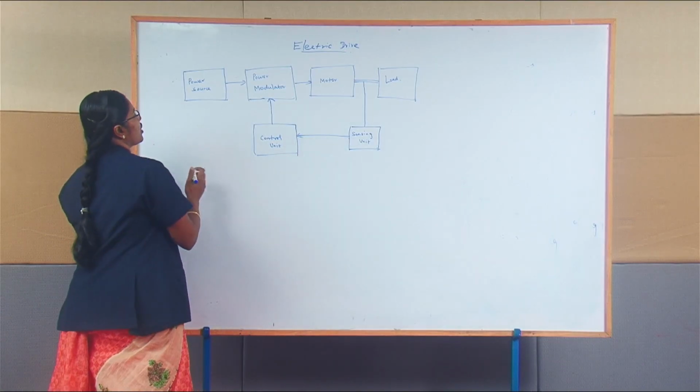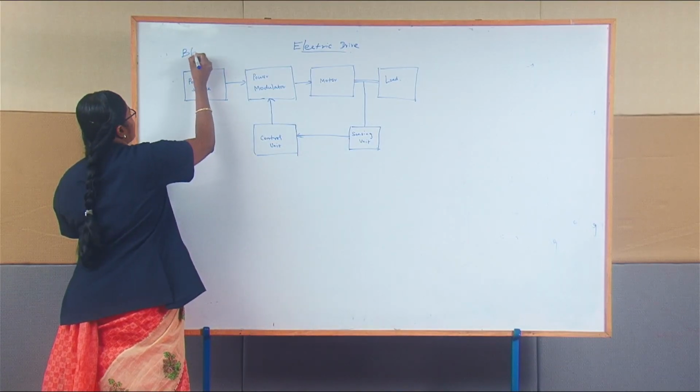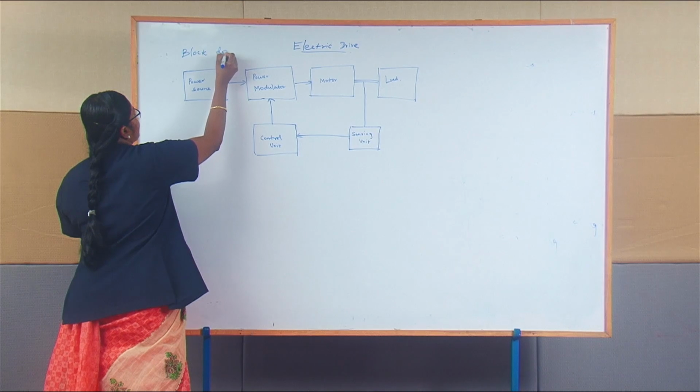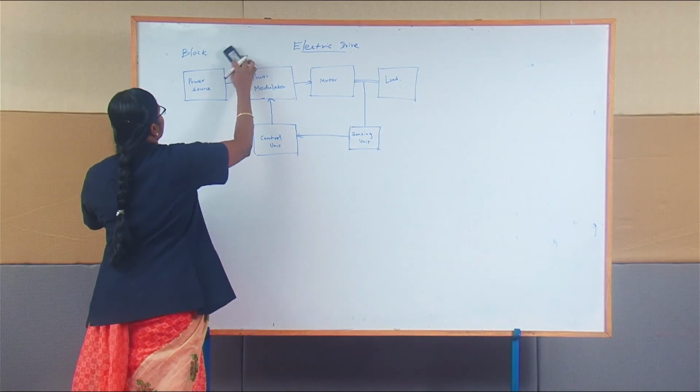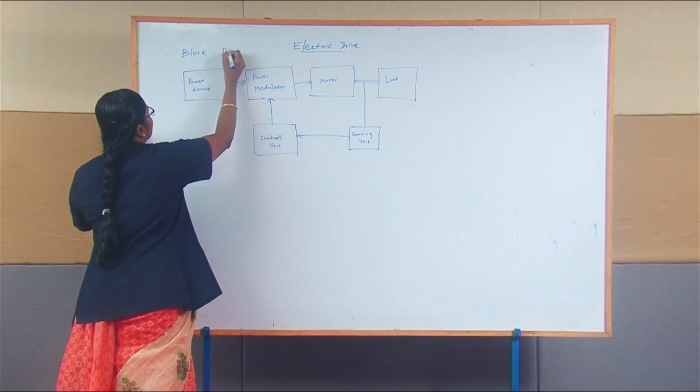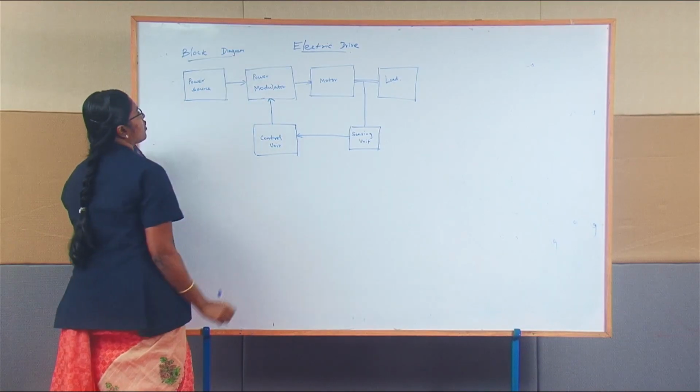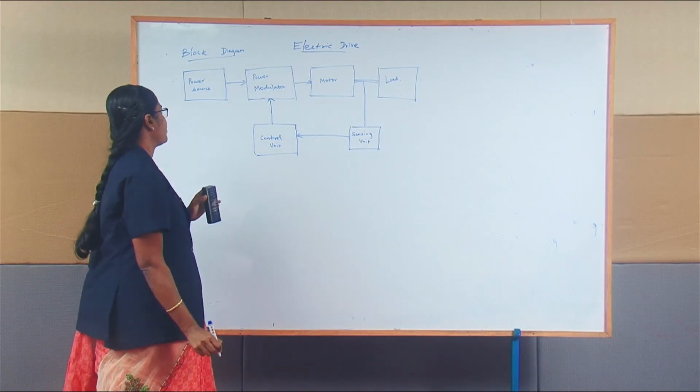So this is the general block diagram of an electrical drive system.